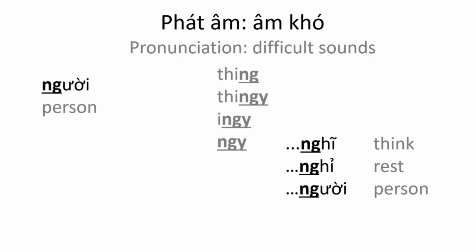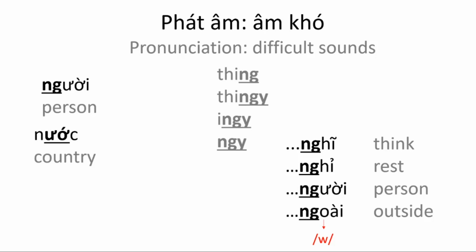Người, person, ngoài, outside. And here we actually have what's called a glide. We have this W sound, which we'll look at in more detail in another video. So here, you don't pronounce the o as an a, but as a w, ngwài.